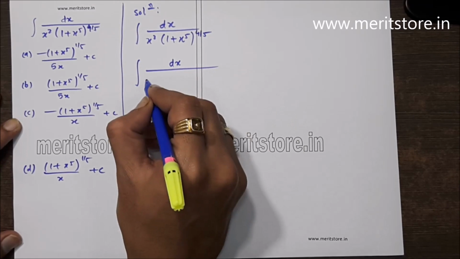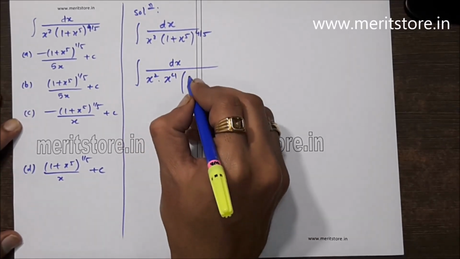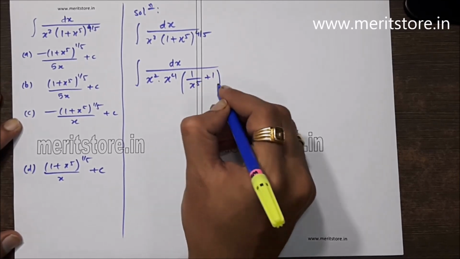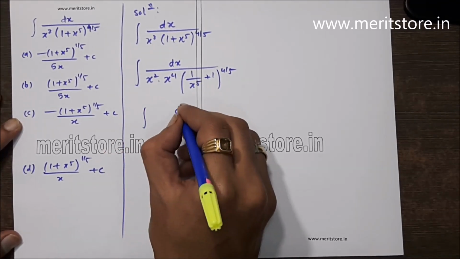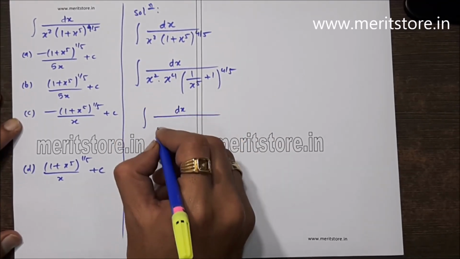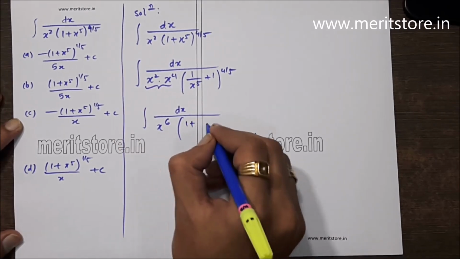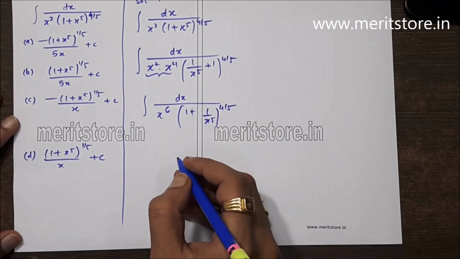What I'll get is x square into x raised to 4 (1 upon x raised to 5 plus 1) the whole raised to 4 by 5. Simplifying dx, I'm writing these two terms together as x raised to 6 (1 plus 1 upon x raised to 5) the whole raised to 4 by 5.